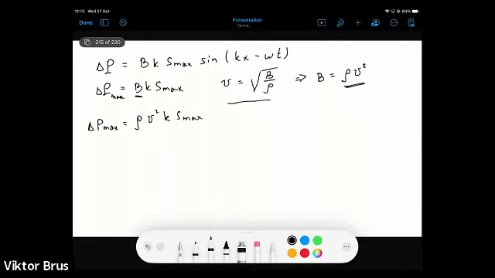And one more step here we need to do. As you remember, K is equal to 2 pi divided by lambda.